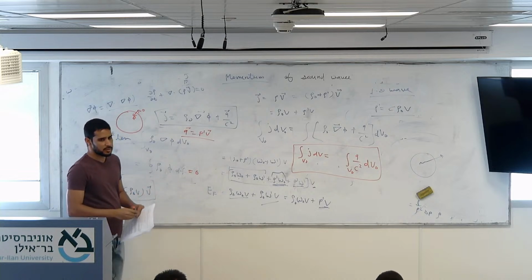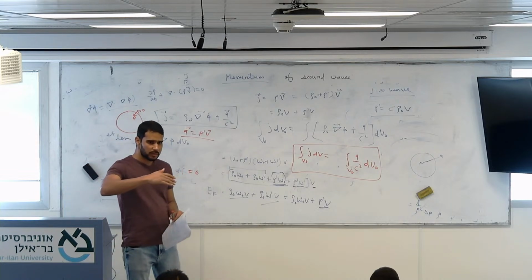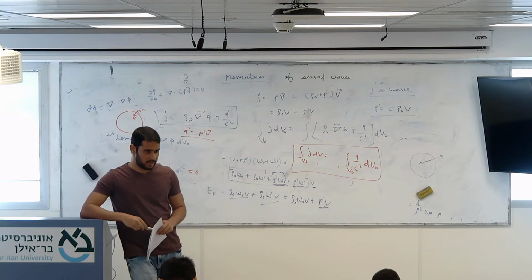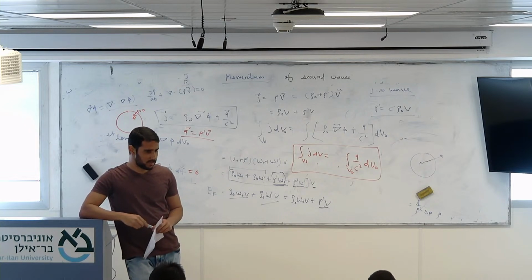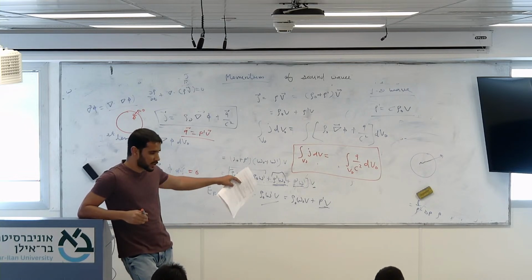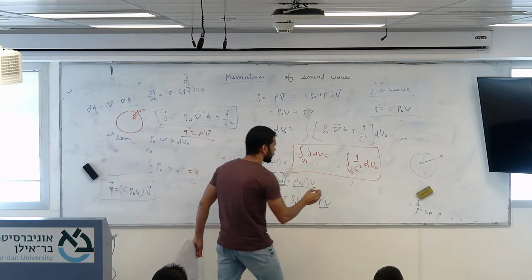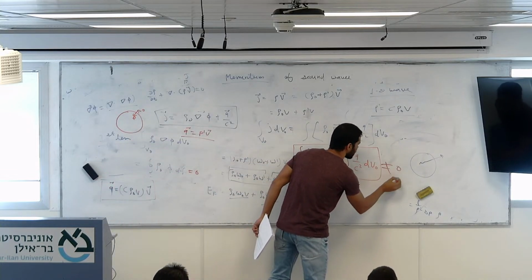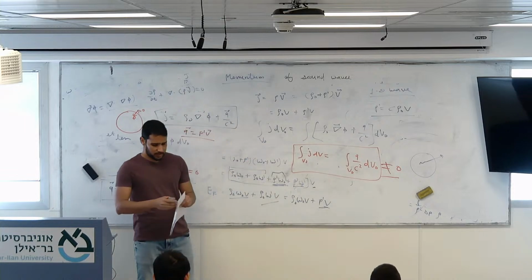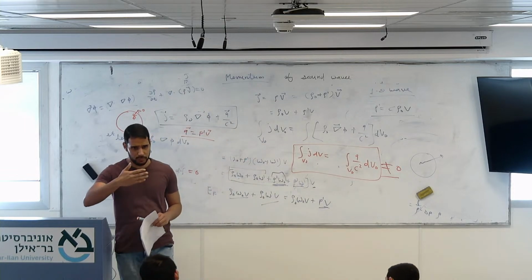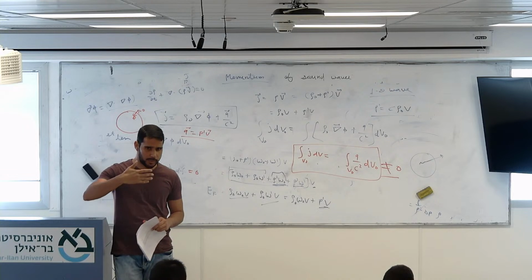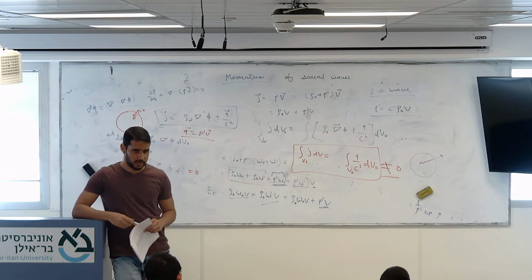P prime is pressure. So this is the only thing which travels outside the surface, which spreads. Because this is non-zero, strictly non-zero, it shows that sound waves impart momentum. They propagate in space. Okay.